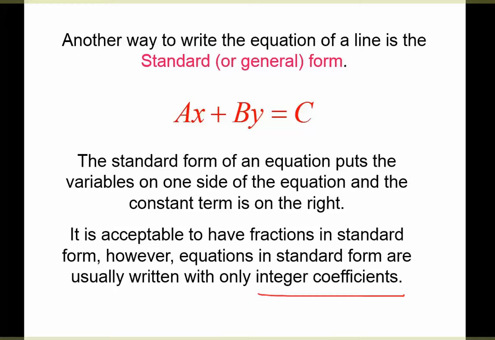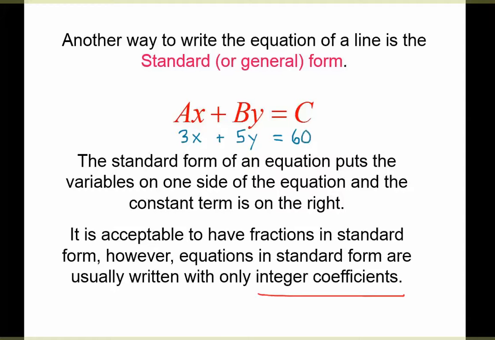To give you an example of something that would look like standard form, for example, if we had something like 3x plus 5y equals 60. That would fit standard form.